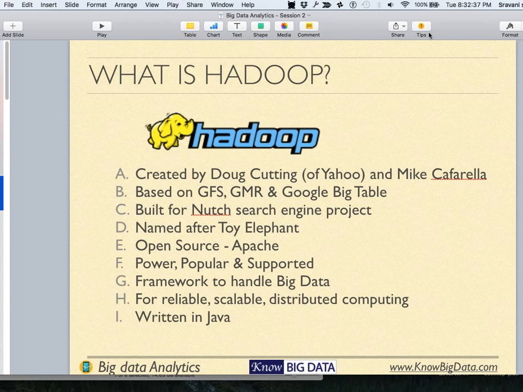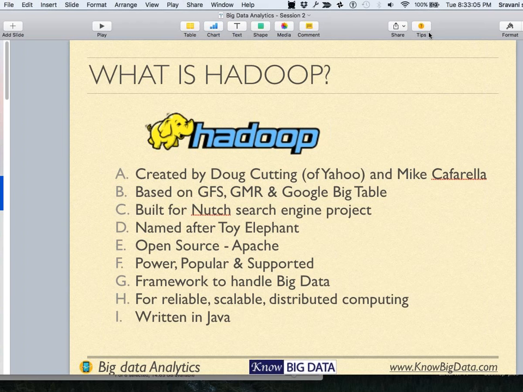So Mike Cafarella and Doug Cutting just followed those papers and built a really great software architecture, which was called Hadoop. And the search engine they were trying to build was called Nutch, which never happened though.